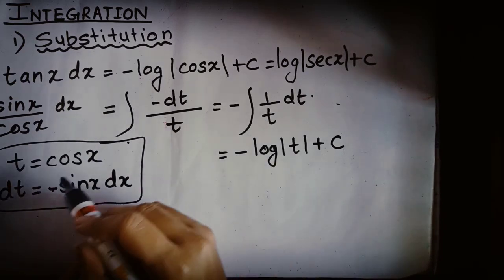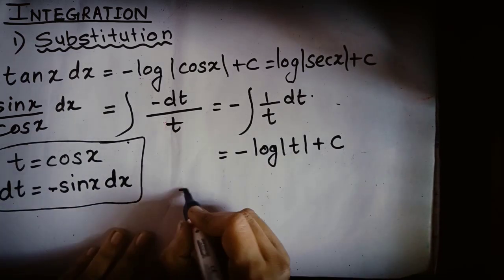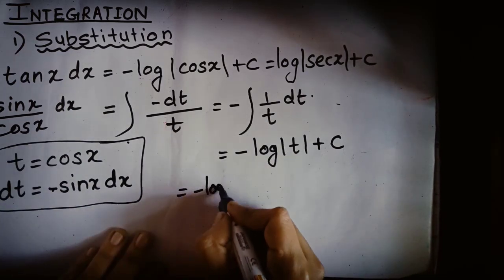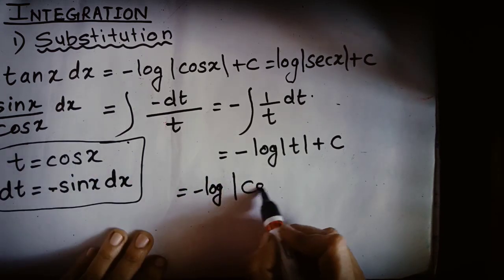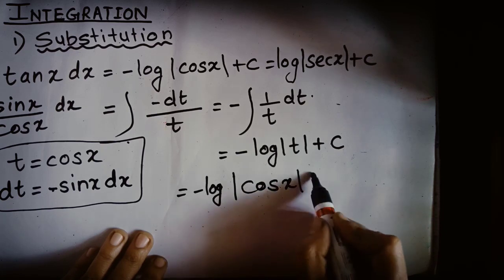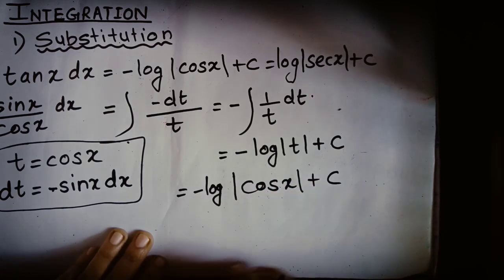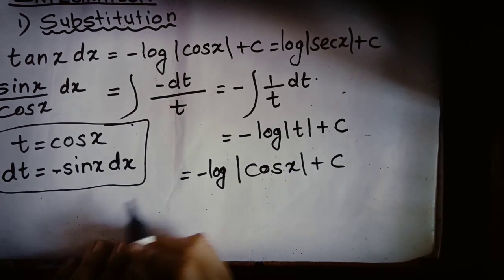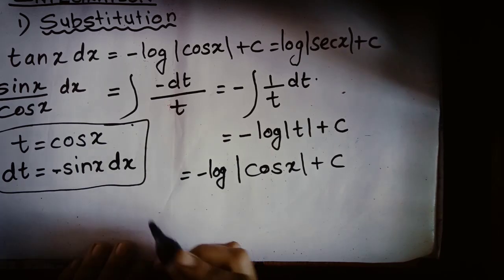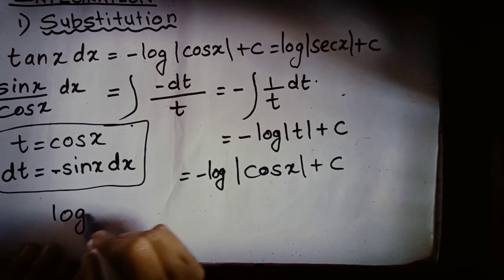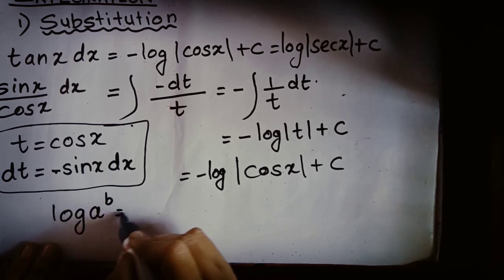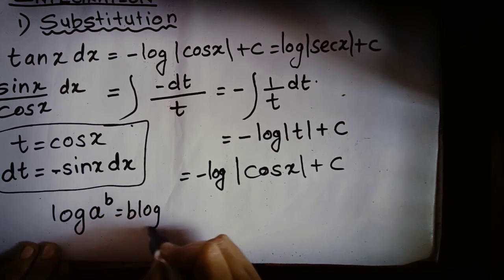Now whatever we have taken as t, we have to write here, that is t is cos. Now we know that using log properties, log of a raised to b we write as b log a, right?